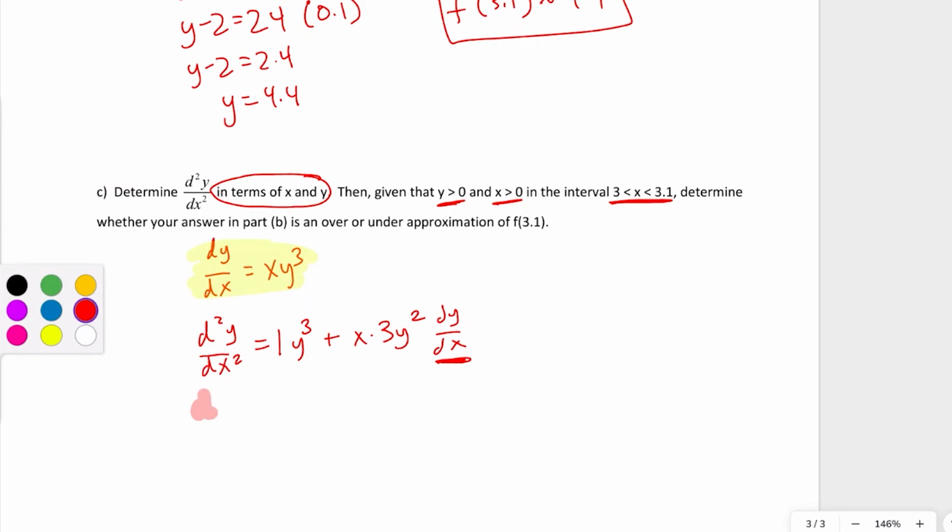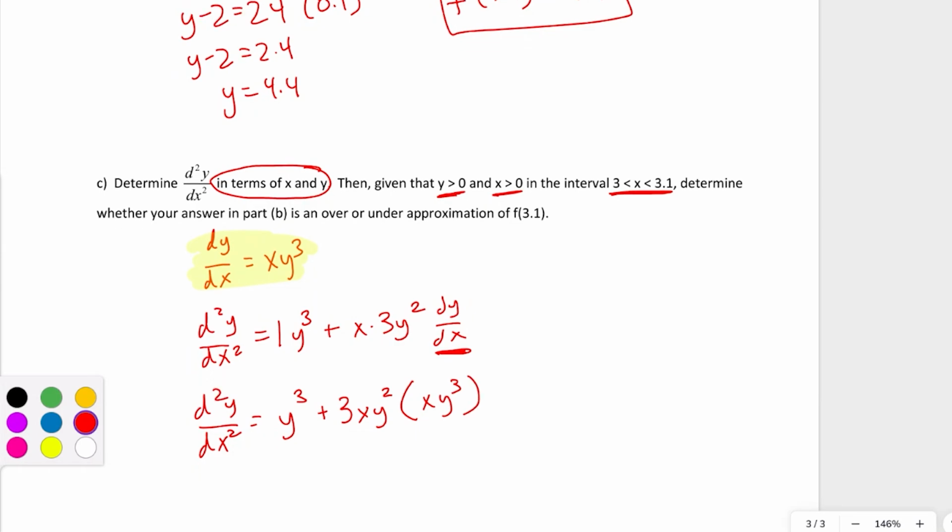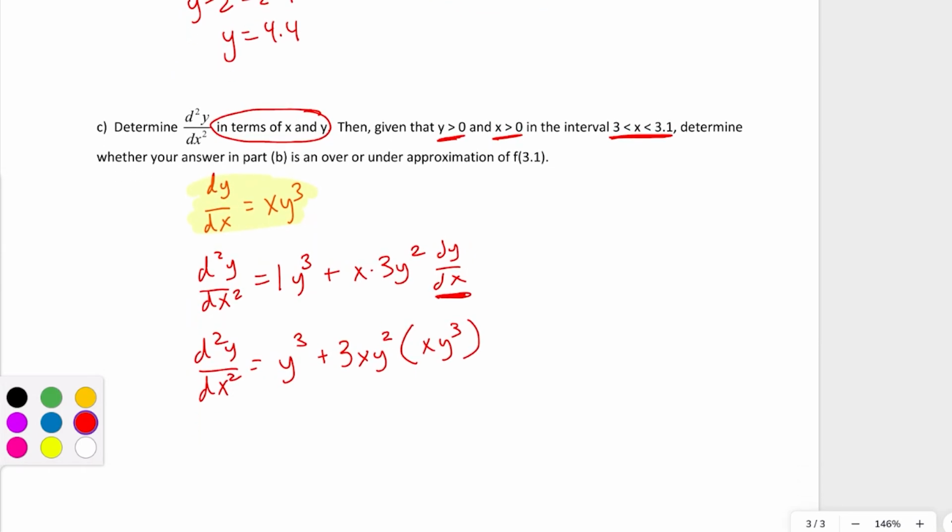So we can make a replacement here and say that the second derivative equals y cubed. I'm going to drop the 1 here. I'm going to move that 3 out to the front. And then times xy cubed, because that is dy/dx. So the second derivative is going to equal y cubed plus 3x squared y to the 5th.